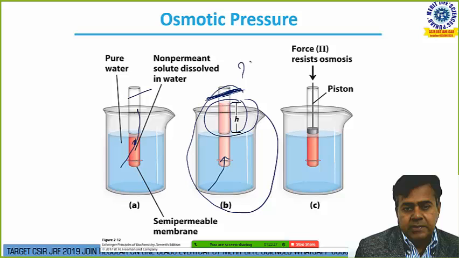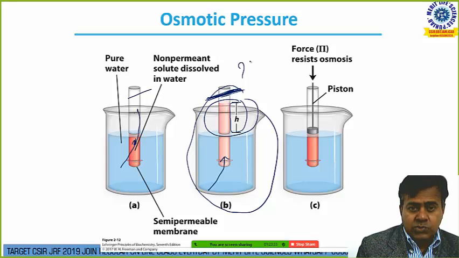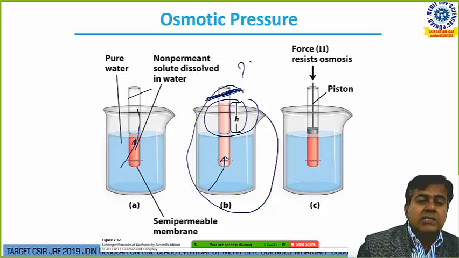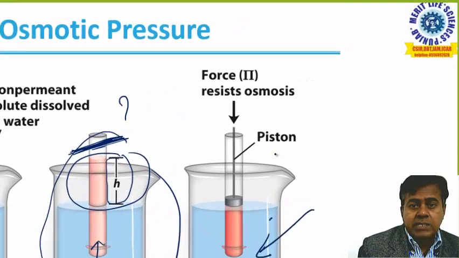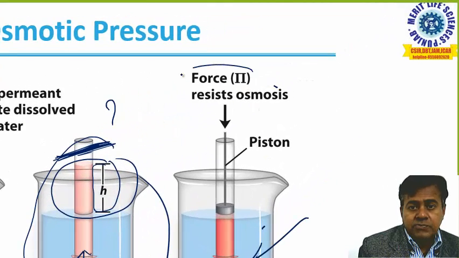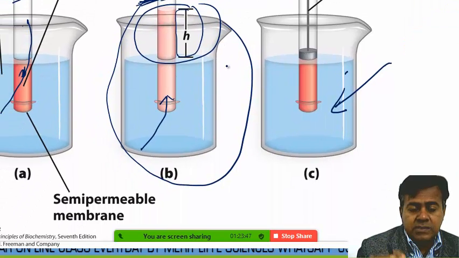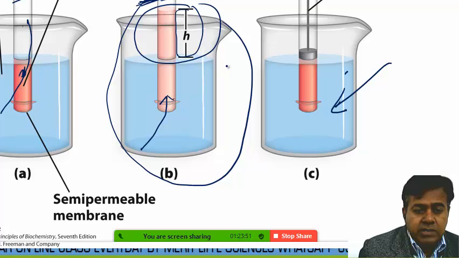Yes, this is the right answer: until it becomes isotonic. Now, you can move this excess water again into the beaker only by applying force. This is really a wonderful observation, a wonderful experiment for understanding the concept of osmotic pressure.